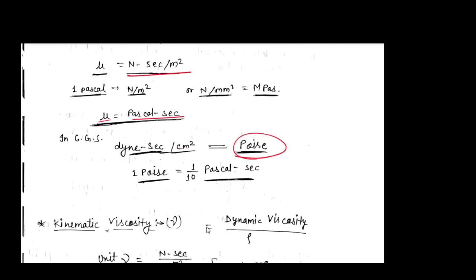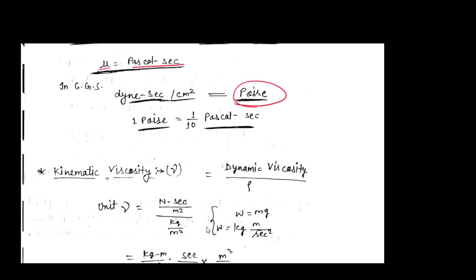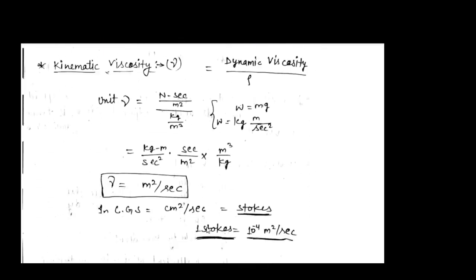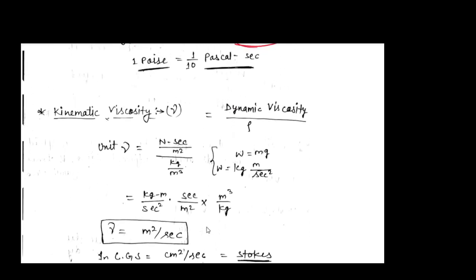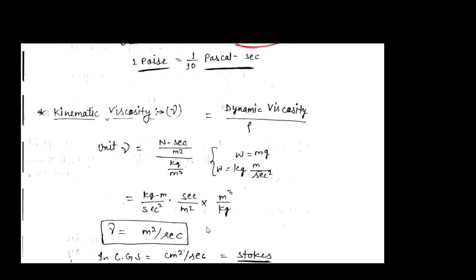Further, viscosity is divided into two parts, kinematic and dynamic viscosity. Kinematic viscosity is denoted by nu. It is equal to dynamic viscosity divided by the density of the fluid. The unit for kinematic viscosity is Newton second per meter square divided by kg per meter cube, which is the unit for density.